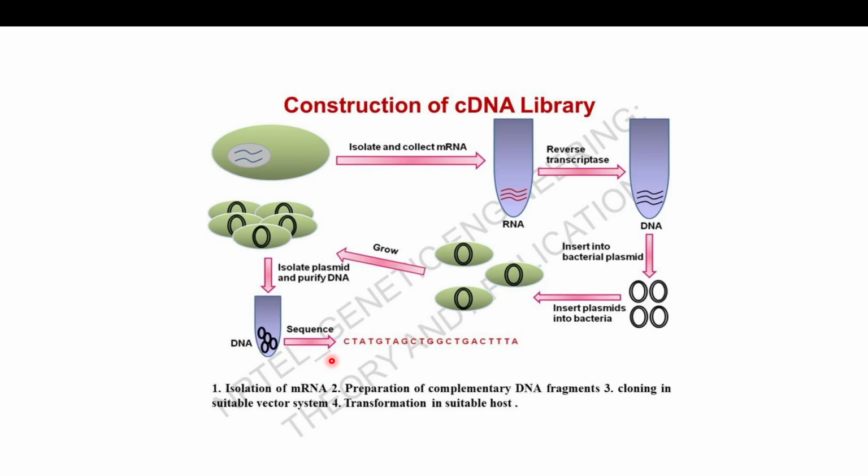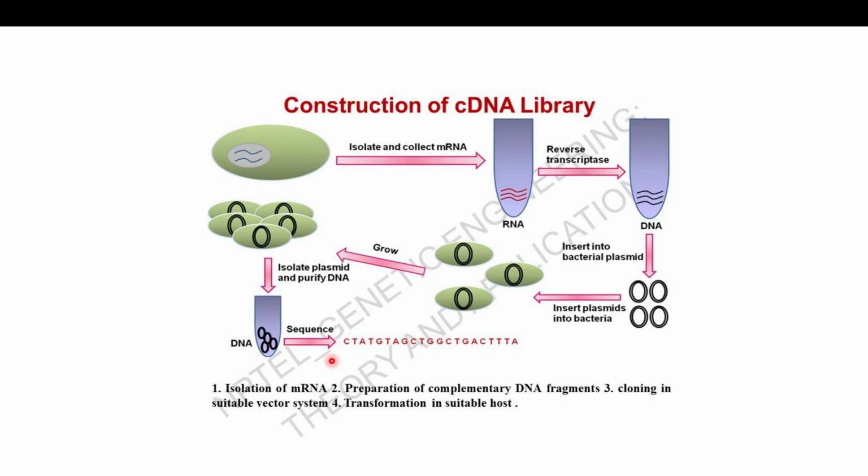Now, that recombinant plasmid, when you run it on agarose gel, which is basically a molecular sieve, the DNA moves from the negative end, where it is put, towards the positive end, because DNA being negatively charged is repelled by the negative electrode and moves towards the positively charged electrode.